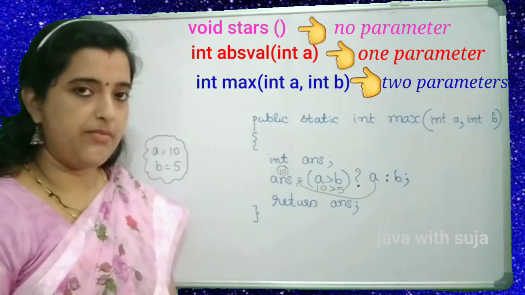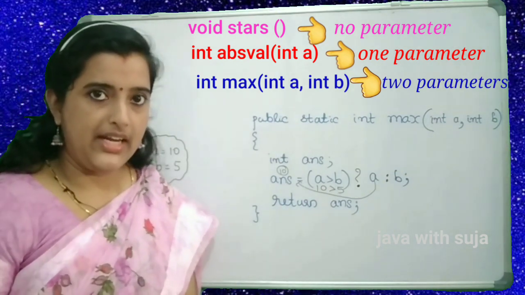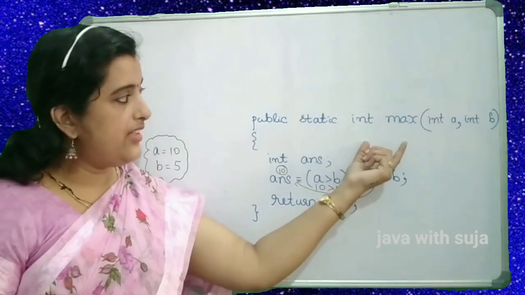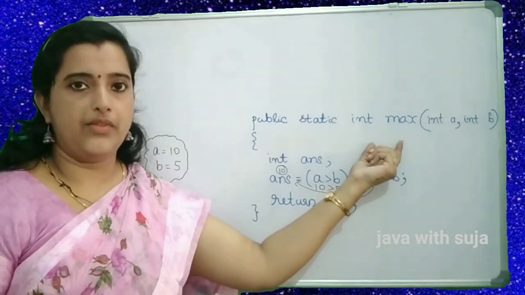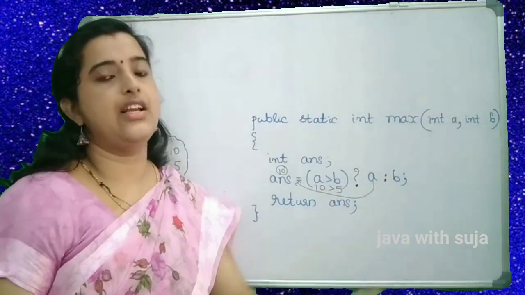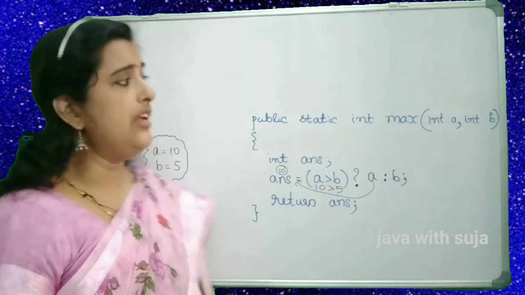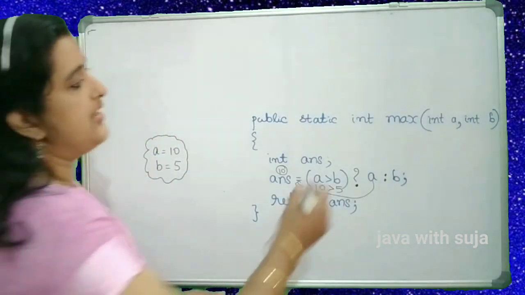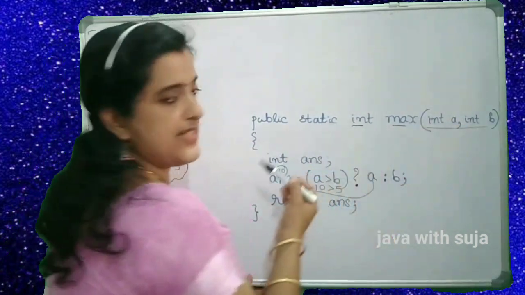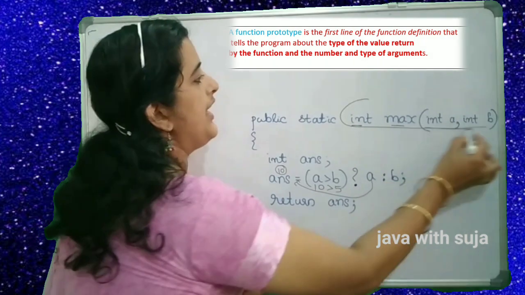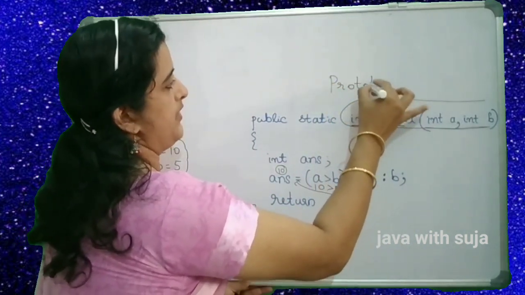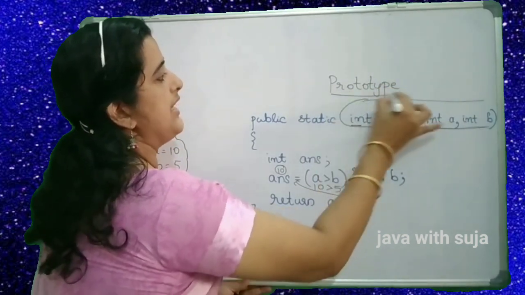So in the first example, we have not included any parameter. In the second example, we have included one parameter, and in the third example, we have included 2 parameters. And also, you can give different numbers and types of arguments. Here, the return type, method name and arguments part we can call the method prototype.